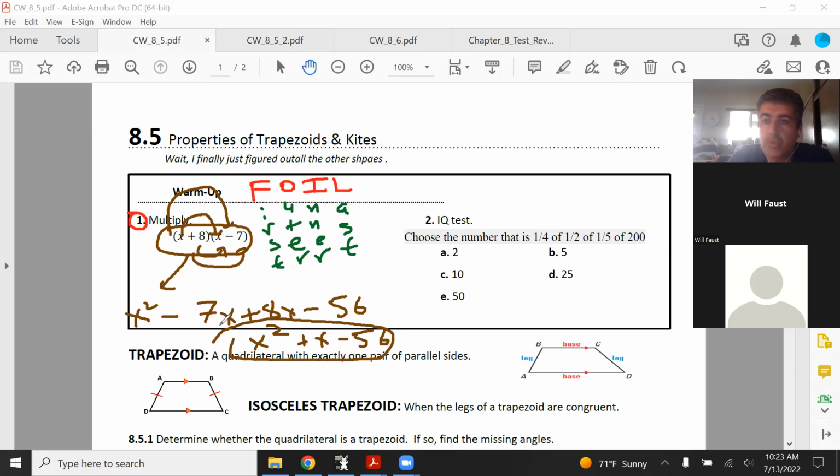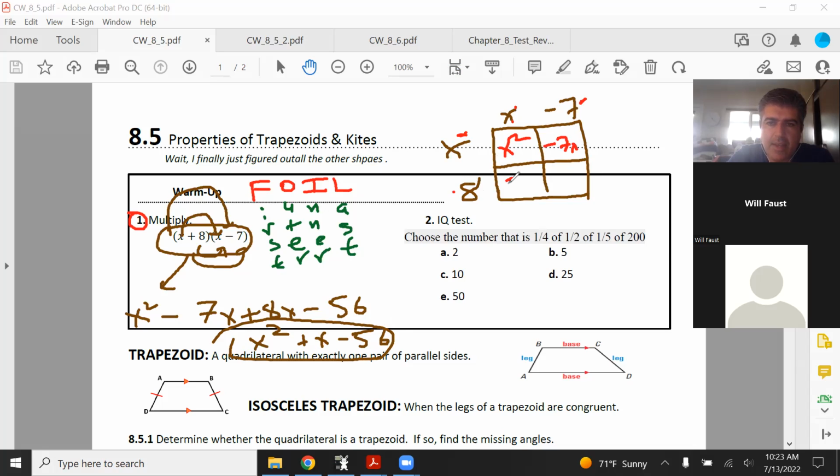So here we're just multiplying 2 binomials. Some people like to make a little box that helps. They'll put x and 8 here, x and -7 here. So x and x, that's x squared. Then x and -7 is -7x.